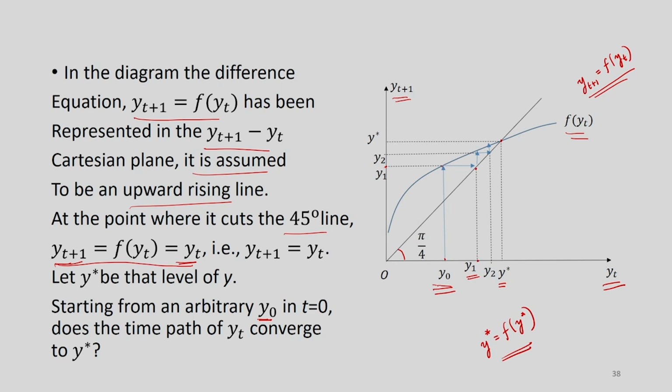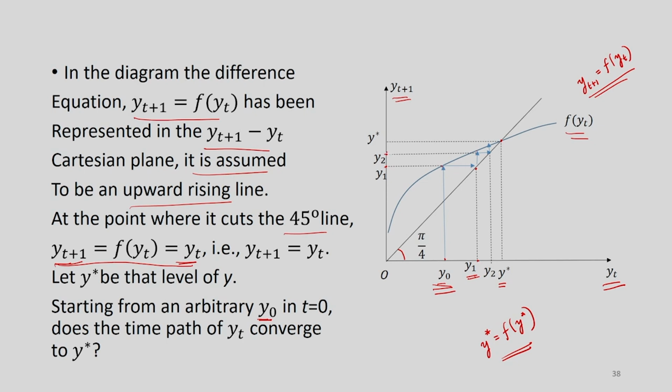So, this is y0, and on the same axis I am able to locate y1. And if I know y1, then I will straight away know y2, because from here I draw a vertical line going to the f function, f of yt, and f of yt will give me y2, which is here, from the function.